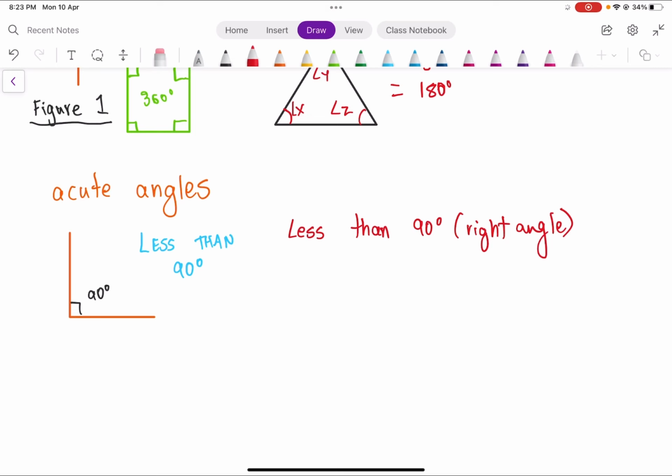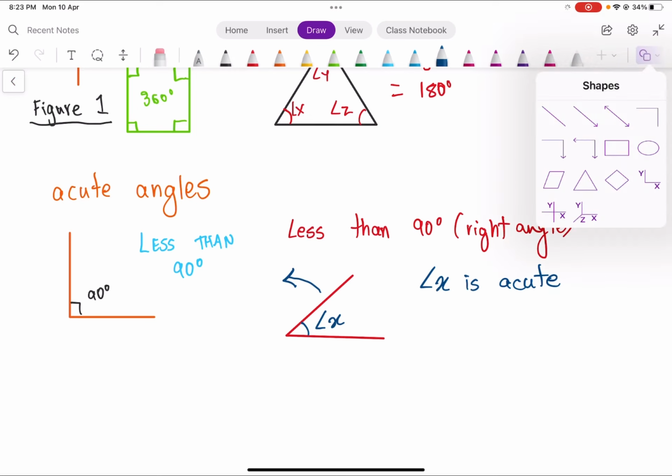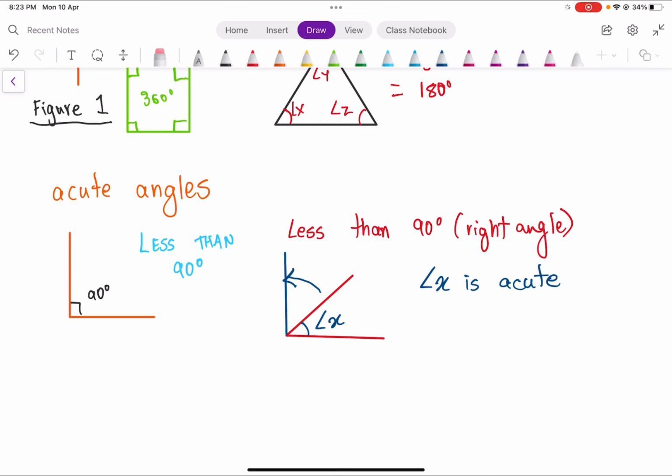So if we had an angle which looks like this, over here our angle is right here, and let's call it angle X. Angle X is acute because, well, it would only be right if it was going all the way up here.